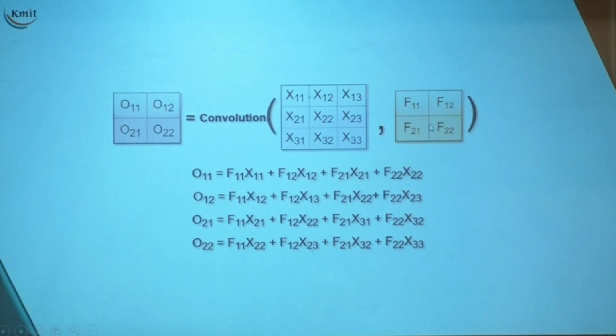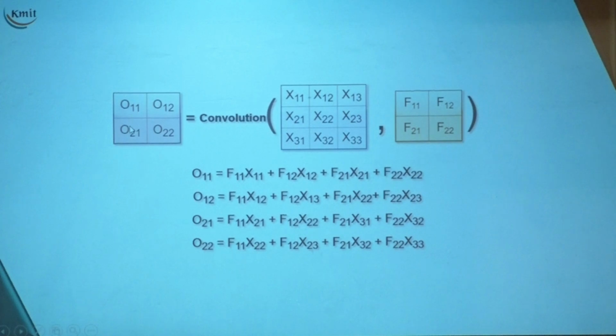This filter is represented with F11, F12, F21, F22. When I apply the filter onto this original image, I perform element-wise matrix multiplication, and once I am done with that, I will be getting this feature map, which is O11, O12, O21 and O22. So understand that this is my feature map, this is the original image, this is the filter. When I apply the filter onto the original image, after matrix multiplication, that is after the convolution operation, I will be getting this feature map.